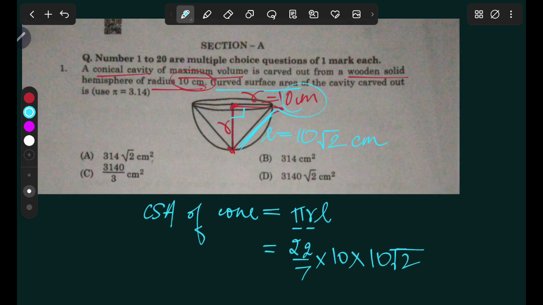So this is what we have, 2200 root 2 upon 7. Why isn't this matching?